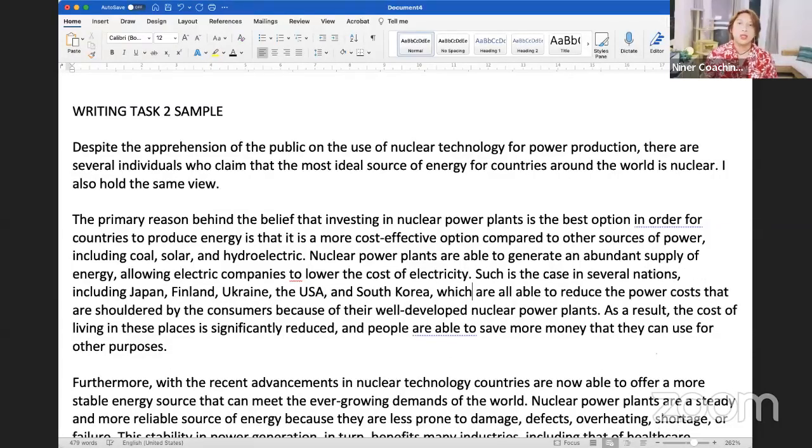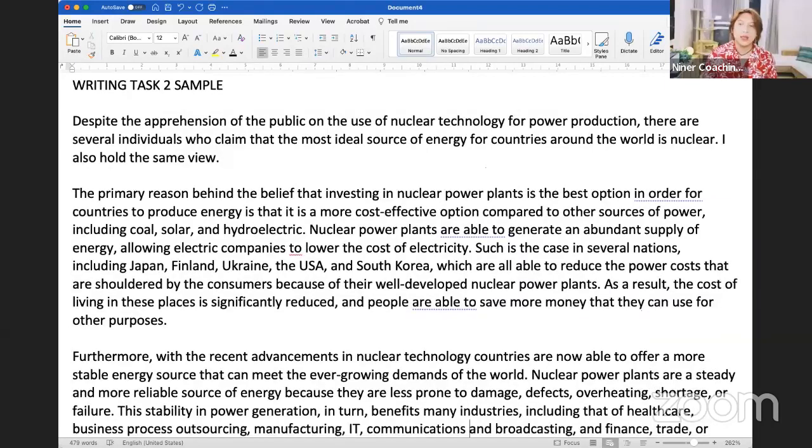Such is the case in several nations, including Japan, Finland, Ukraine, the USA, and South Korea, which are all able to reduce the power costs that are shouldered by the consumers because of their well-developed nuclear power plants. As a result, the cost of living in these places is significantly reduced and people are able to save more money that they can use for other purposes.